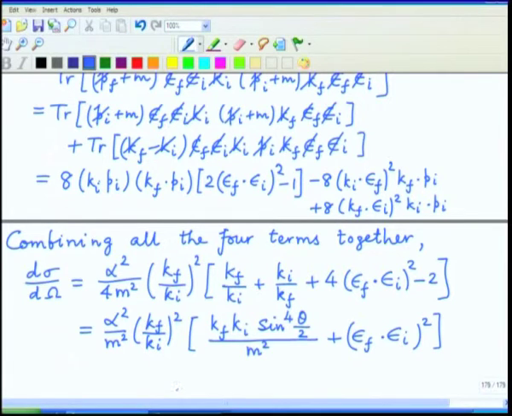So, this particular object was calculated first by Klein and Nishina, and so it is known after them. It is a differential cross section calculated explicitly in terms of the property of the photons.